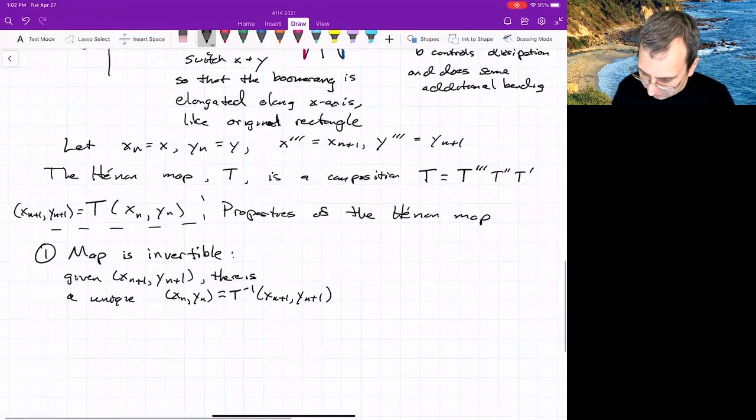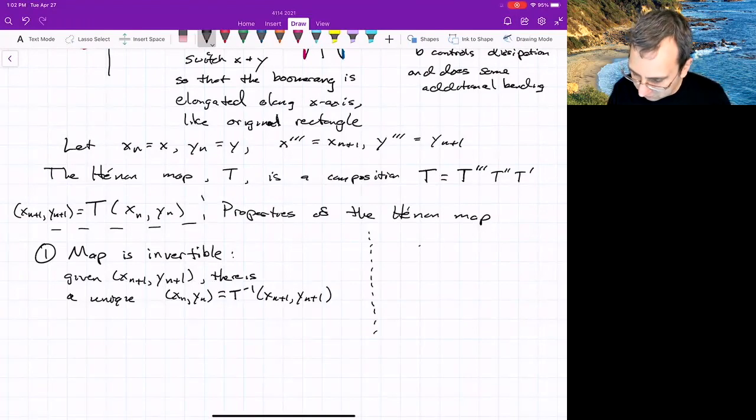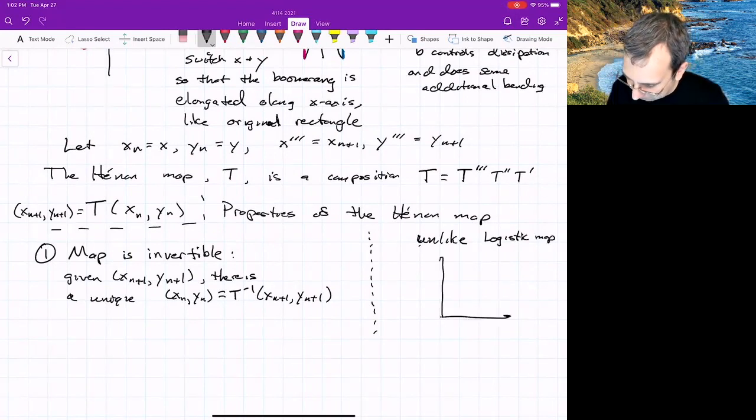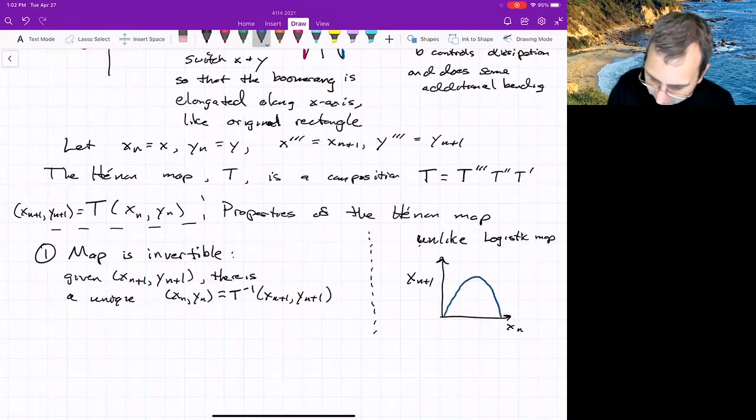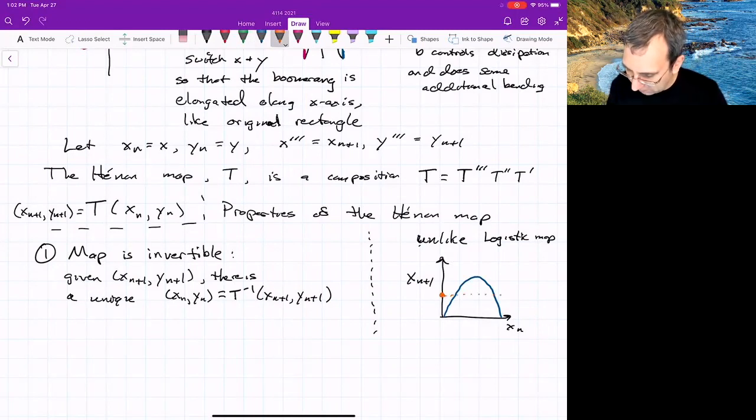And I want to distinguish this from what we did with 1D maps. With 1D maps, we did not look at invertible maps. So this is unlike the logistic map. For the logistic map, we could easily graphically represent what was going on with some curve. If we were at this point, we don't know where we came from, whether we came from this point or this point.